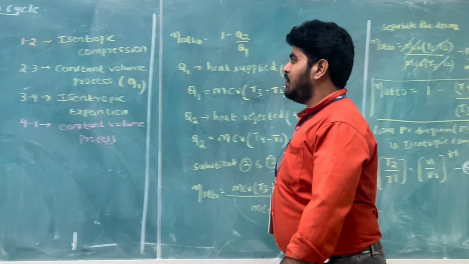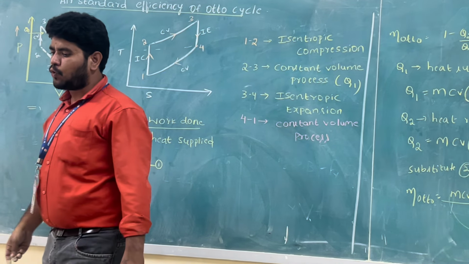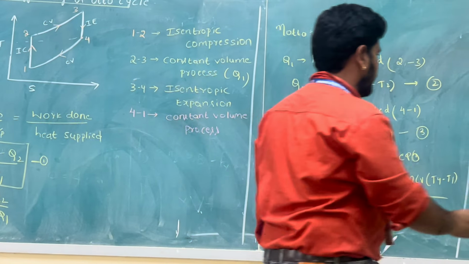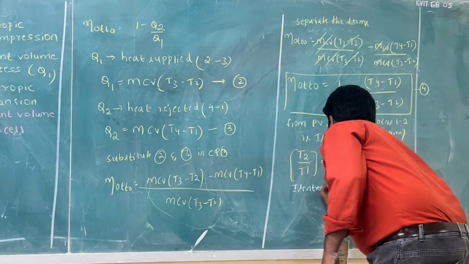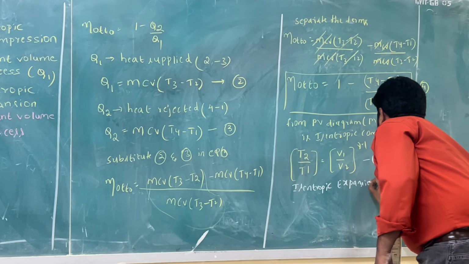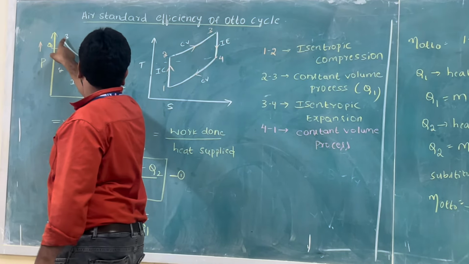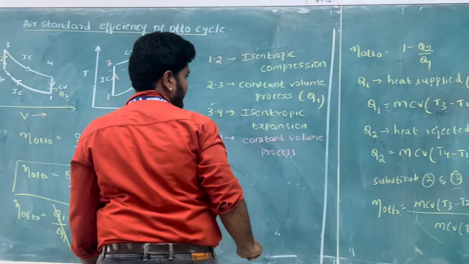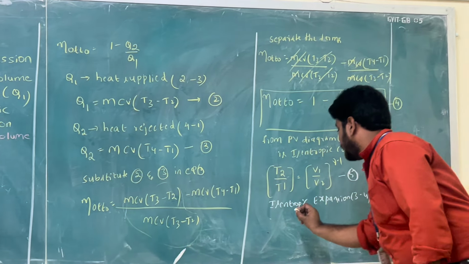Similarly, now consider the isentropic expansion. You can see in the diagram the isentropic expansion takes place from 3 to 4. Now the highest temperature is T3.